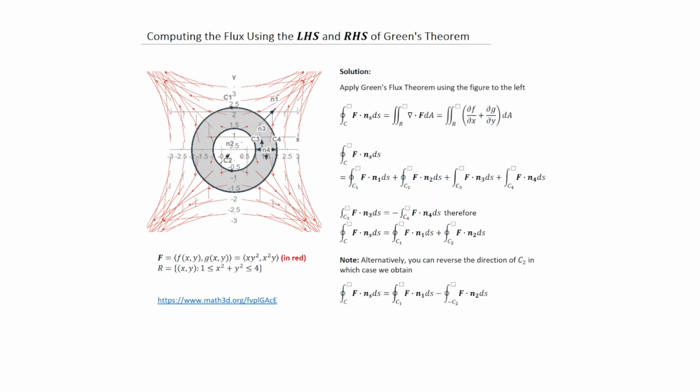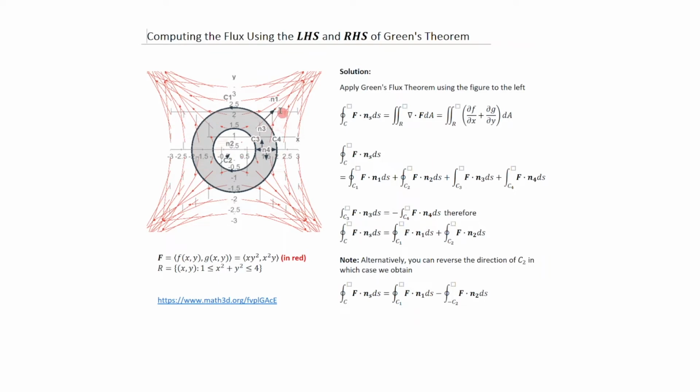All right, so we're going to compute the flux using the left-hand side and right-hand side of Green's theorem. I've shown the picture for the vector field and all the salient things of interest to us in computing the flux. So for example, N1 has to be pointing outwards, as we're going around the closed contour in a counterclockwise direction. Again, always looking to your right.